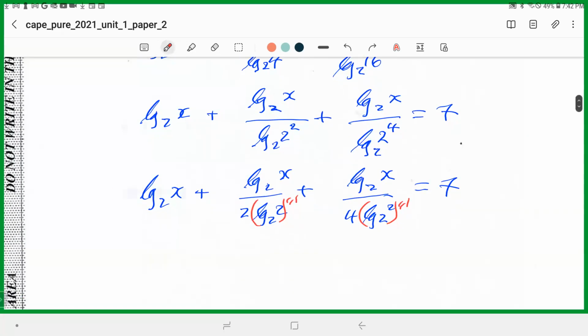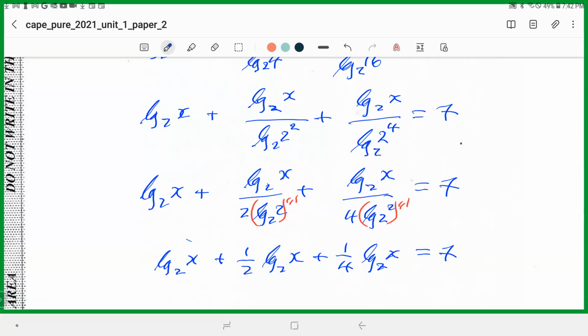Watch this now. You have log to base 2 of x plus half log to base 2 of x. I'm dividing this by 2, don't I? Plus a quarter log to base 2 of x equals 7.